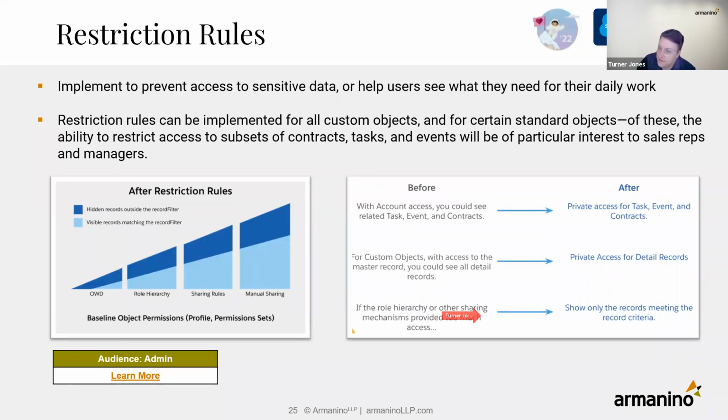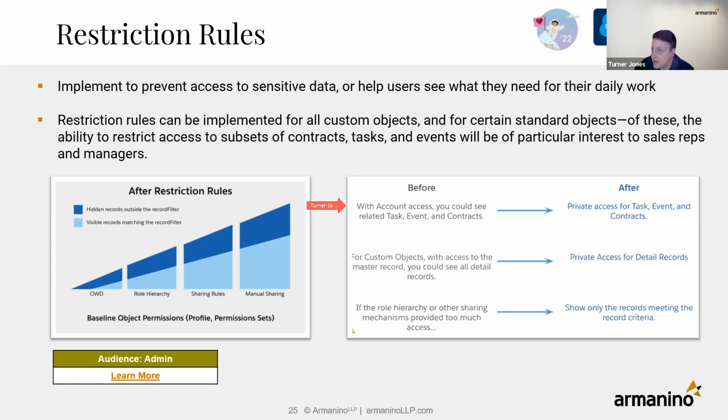If you see over on this left graphic, you start off with your organization-wide defaults, like what your baseline is for your users. Then you can put them in a role hierarchy. You can then add sharing rules to grant access to records for specific people, and then you can even manually share, right? So once you add restriction rules on top of that, you can actually restrict on top of everything that I just said.